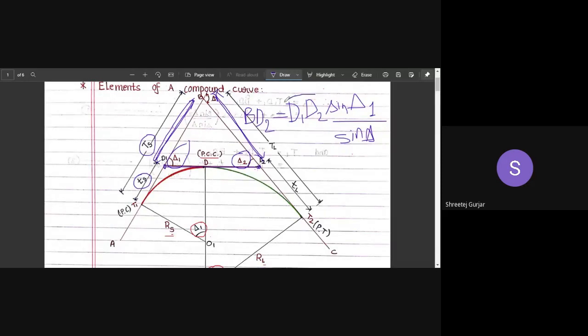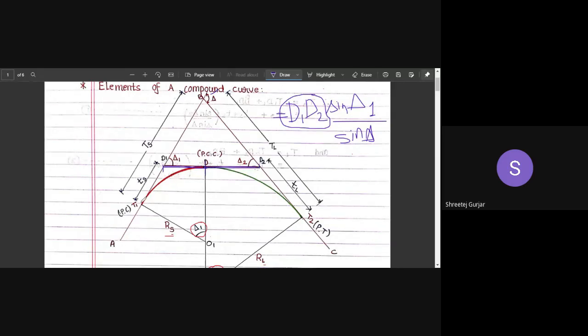What is D1 D2? How do we know D1 D2? Can you recall how you can calculate it? It is very easy; we calculated it previously. D1 D2 is D1 to D plus D to D2. We do not know the whole length, but we know D1 to D and D to D2.